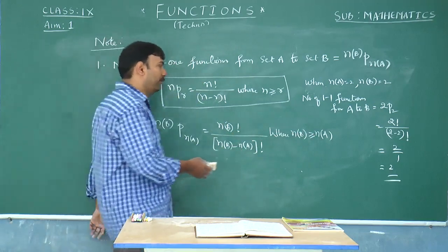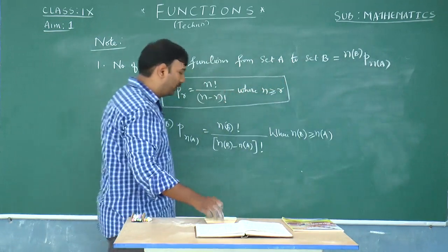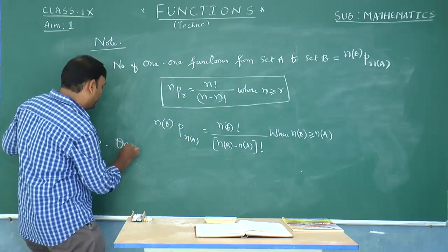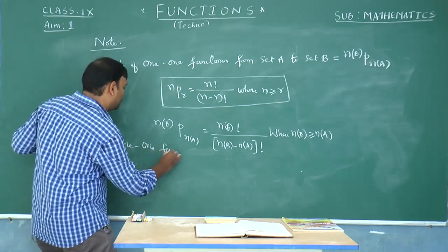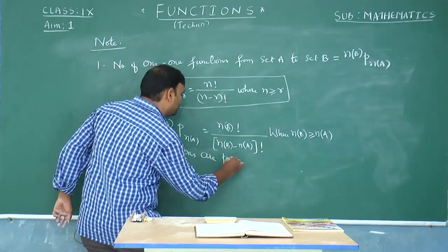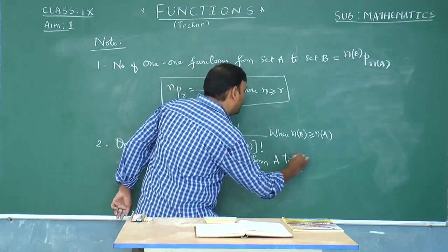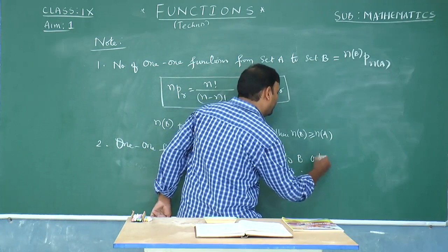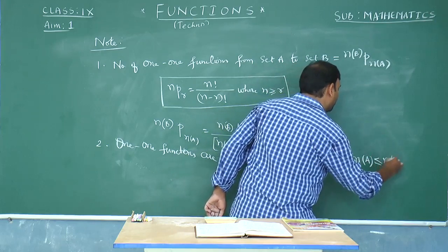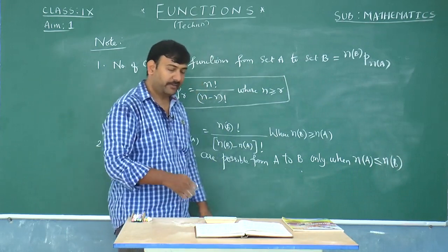So here we have some important note. Note number 2 says that one-to-one functions are possible from A to B only when n(A) is less than or equal to n(B), or n(B) is greater than or equal to n(A).